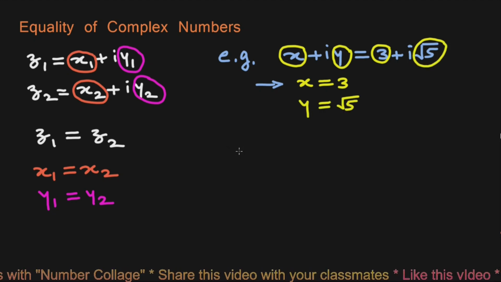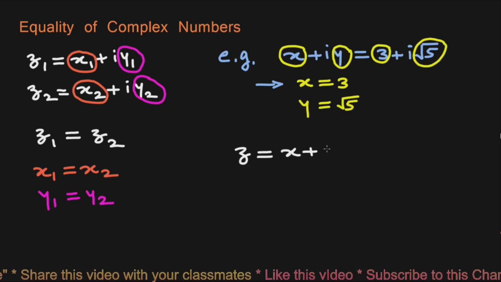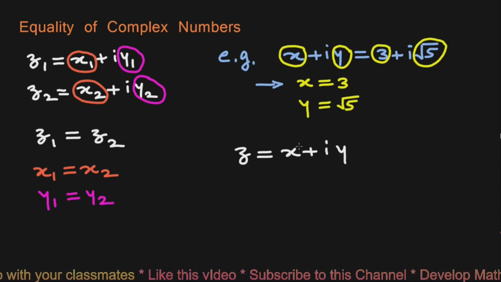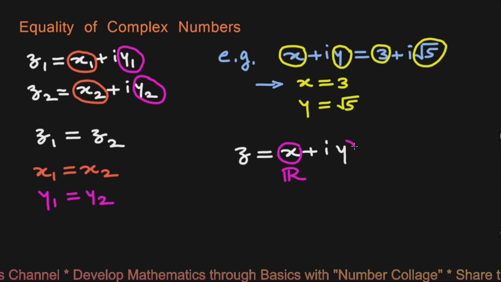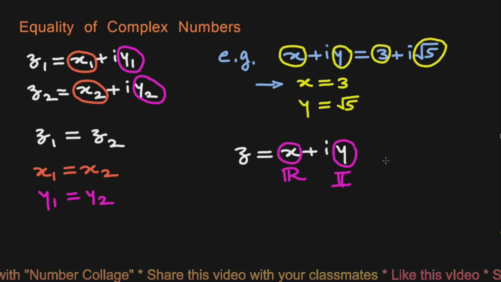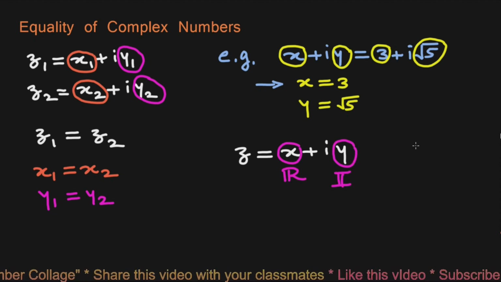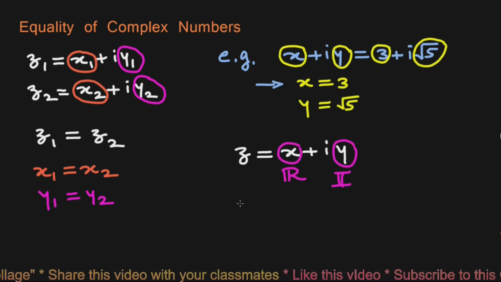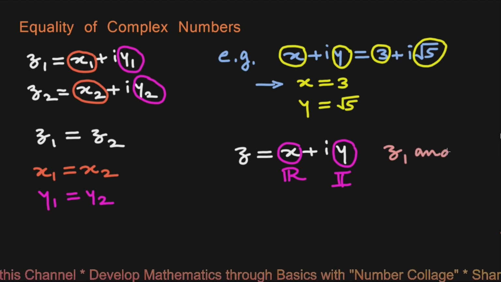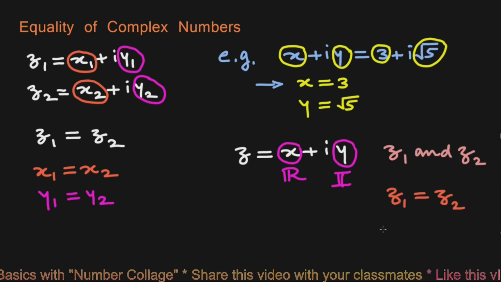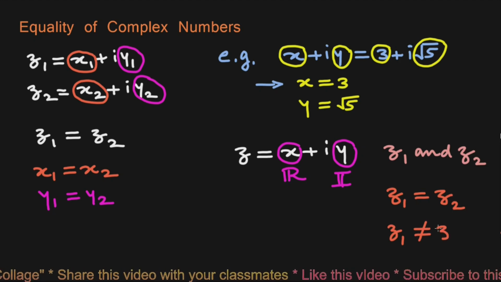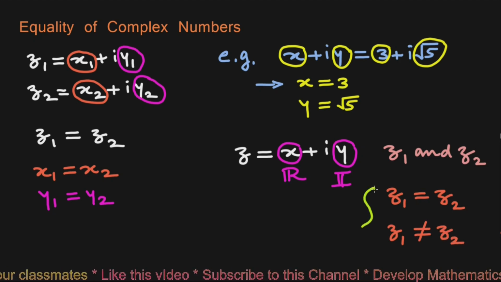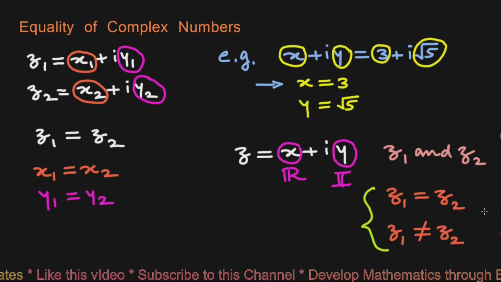Since a complex number z equals x plus iy consists of a real part and an imaginary part, there is no order relationship between two complex numbers z1 and z2. They are either equal or they are not equal. These are the only relationship that exists between them.